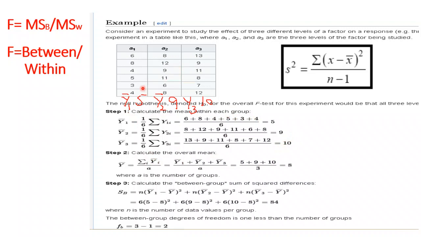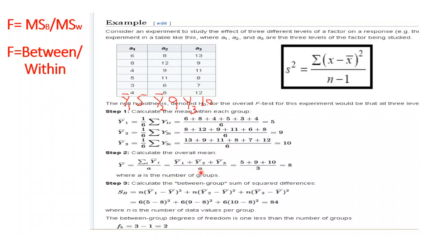Step number 2 is to calculate the overall mean, that is, the mean of all these 3 groups. One method is 6 plus 8 plus 4 plus 5 plus 3 and so on, all divided by the number of entries, which is 18. Another method is the summation of y bar 1, y bar 2, y bar 3 divided by A, where A represents the number of groups.